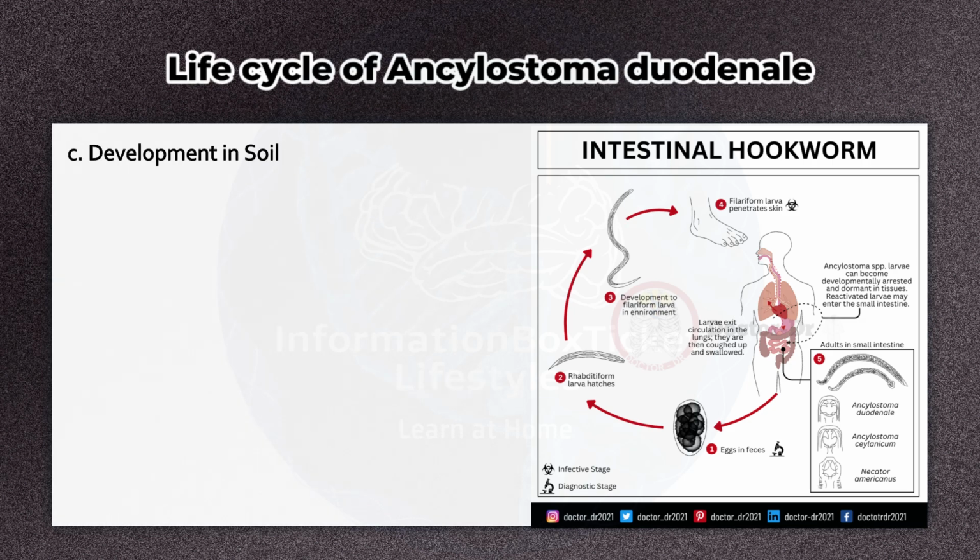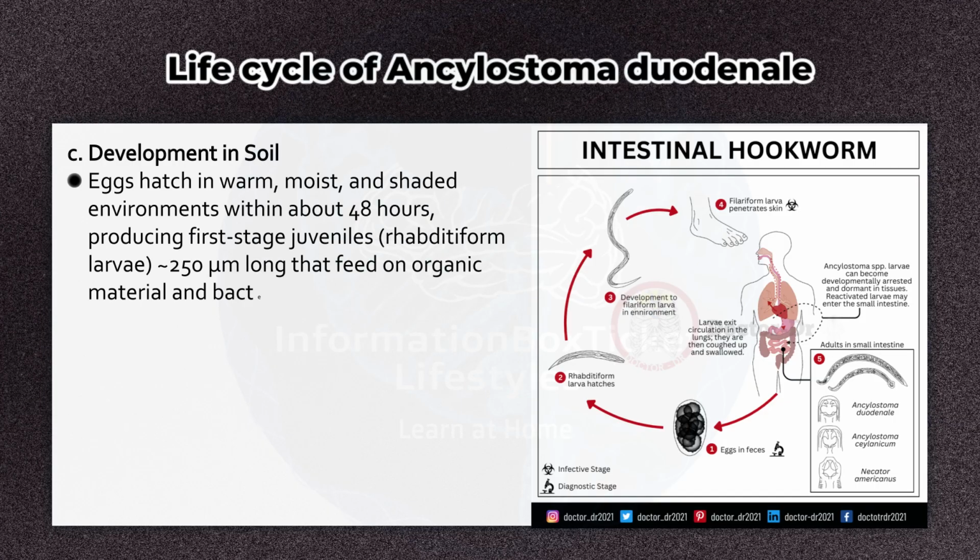C. Development in soil. Eggs hatch in warm, moist, and shaded environments within about 48 hours, producing first-stage juveniles, rhabditiform larvae, approximately 250 micrometers long, that feed on organic material and bacteria.